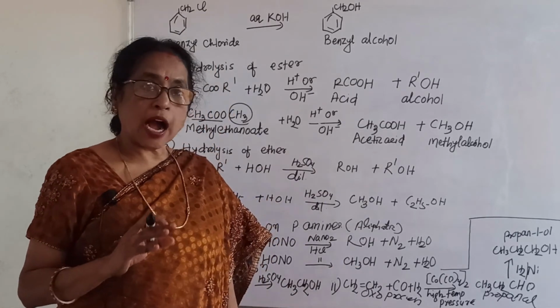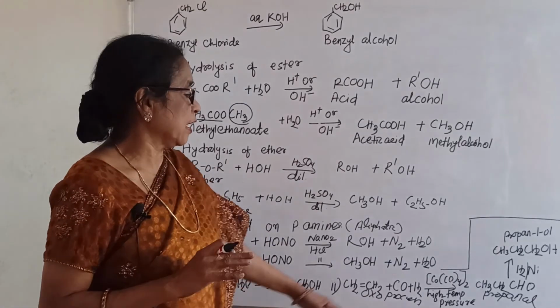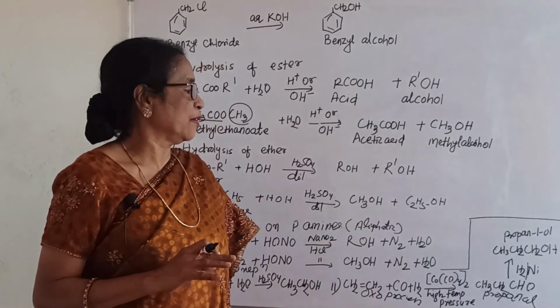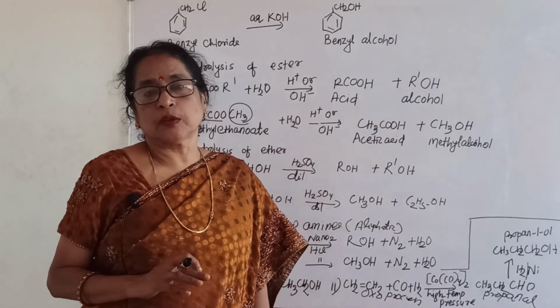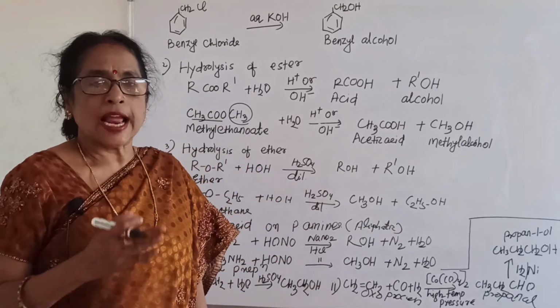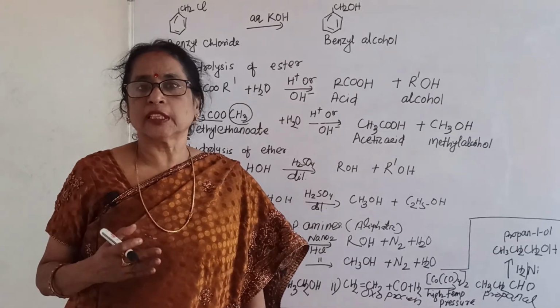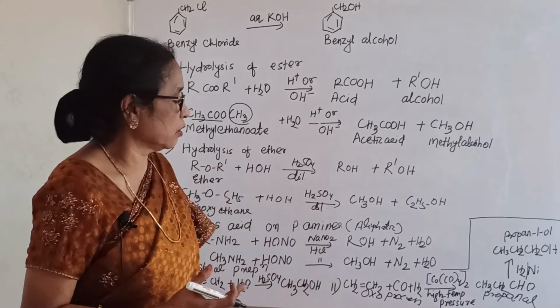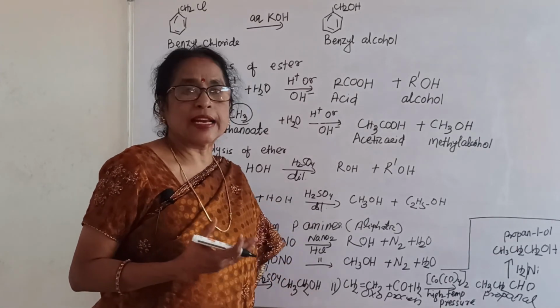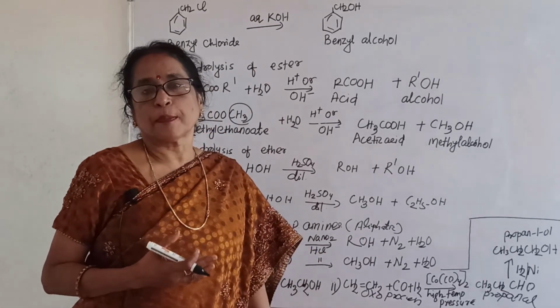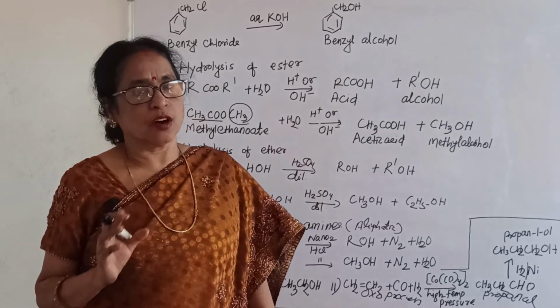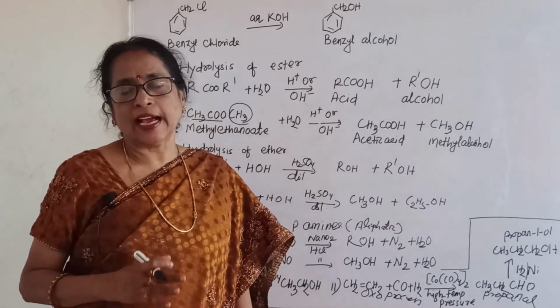In presence of high temperature and pressure, it gives propanal, then it gives propan-1-ol after treating with hydrogen and nickel. You know, aldehyde when treated with hydrogen and nickel, that process is known as reduction. So propanal, aldehyde on reduction gives alcohol, and here propanal gives propanol. Nol means alcohol, nal means aldehyde.